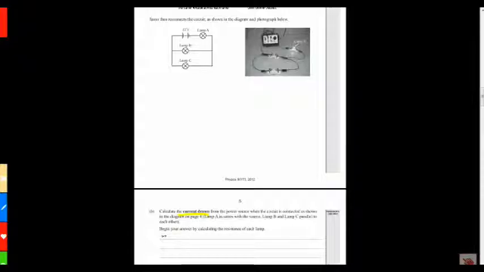And very kindly, they let us know how we should start. And that would be by calculating the resistance of each lamp. So let's think about resistance and the information we have available to us.